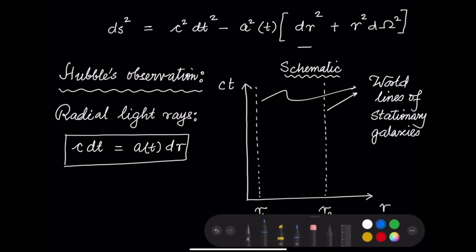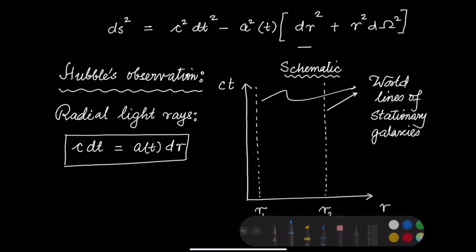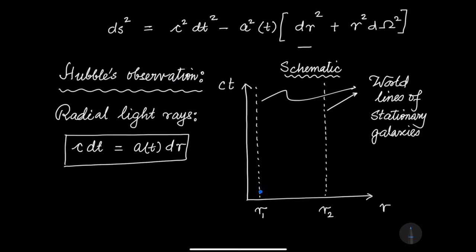I can choose the origin at r equals r1. Now what happens? I can choose the observers here, that will be easier, as you will see. And this is the emission. The light is being emitted from that galaxy. So this is the spectral line we were talking about earlier.